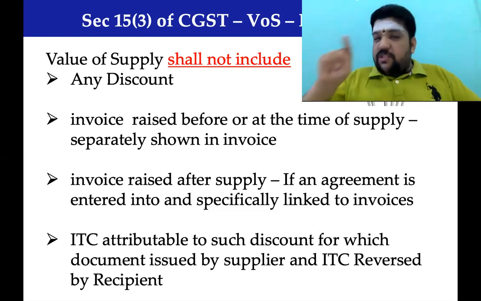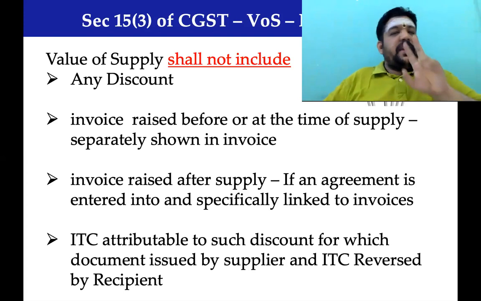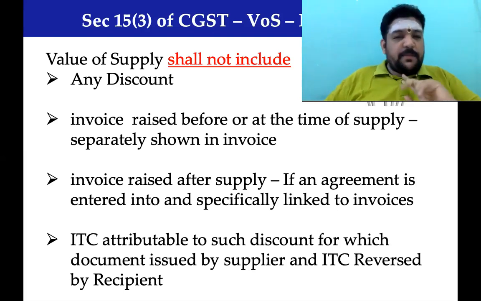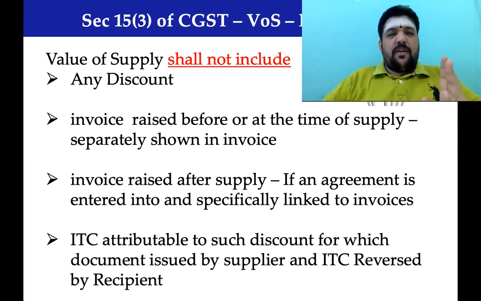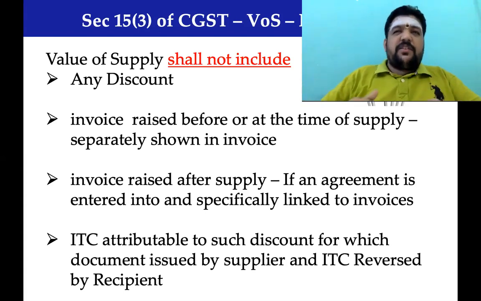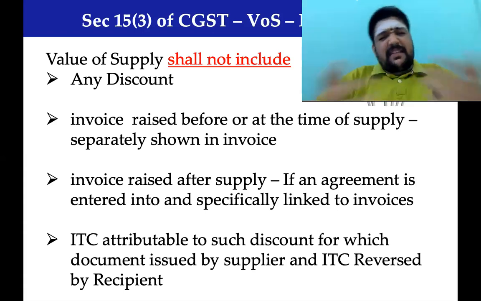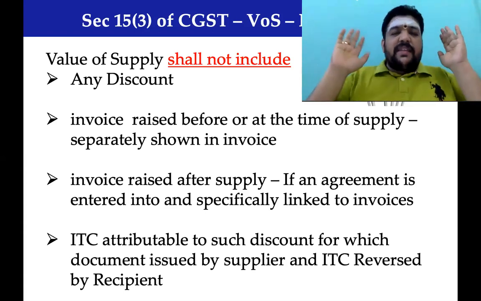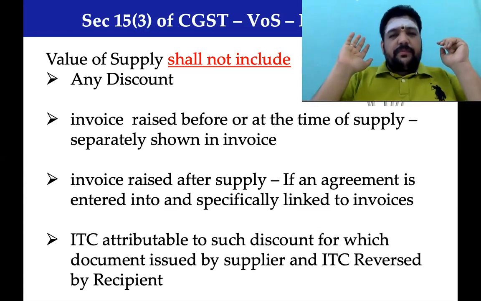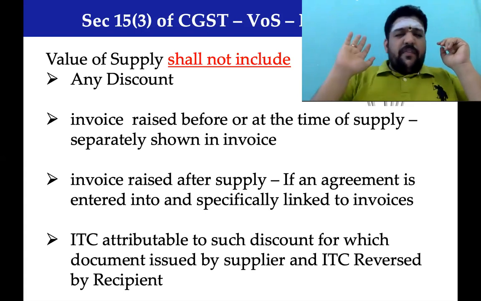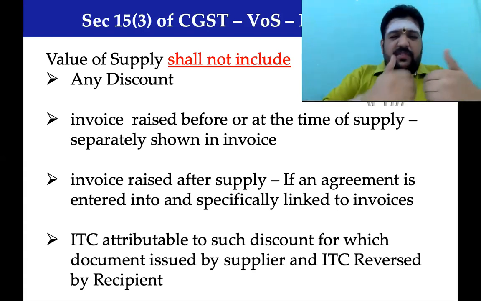But that discount is given when? Not at the time of supply, it is post supply. That is why we qualify the discount into two types: pre-supply or supply-based discount, and post-supply discount. What we mean by pre-supply discount is that it is known before supply. It's understandable: anybody who buys from me is entitled to a 5% discount, which at the time of supply is mentioned in the invoice itself.